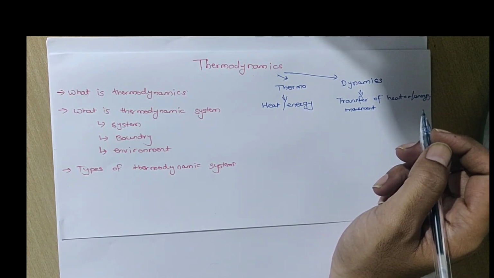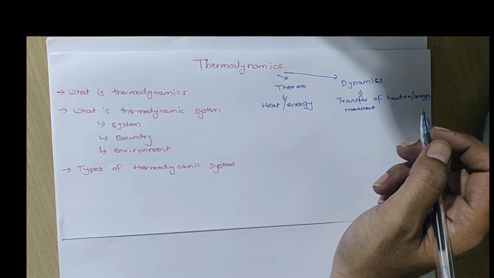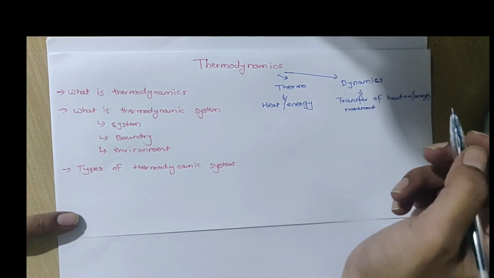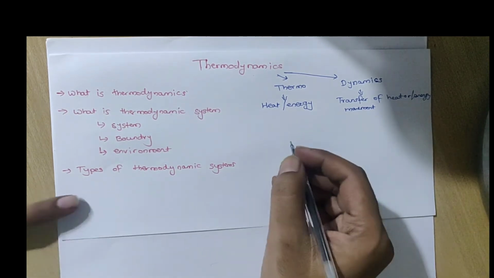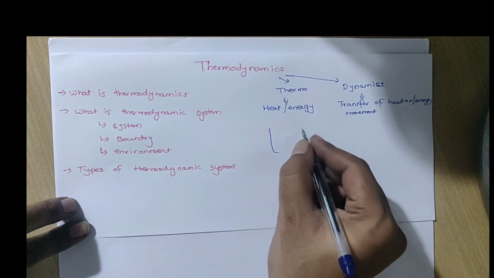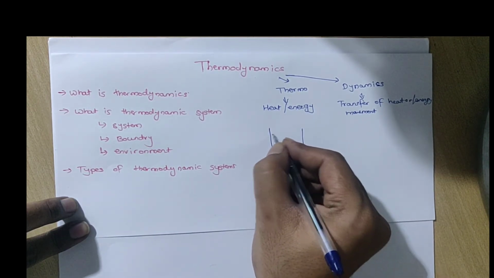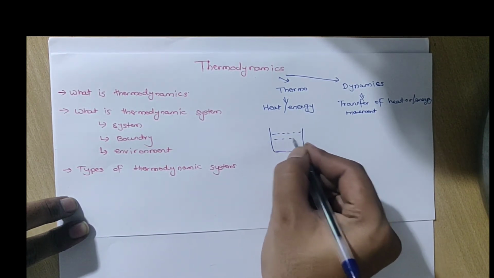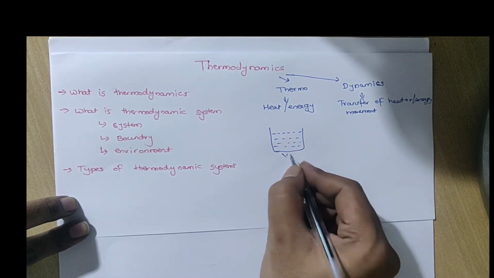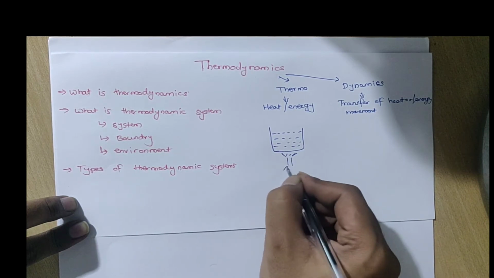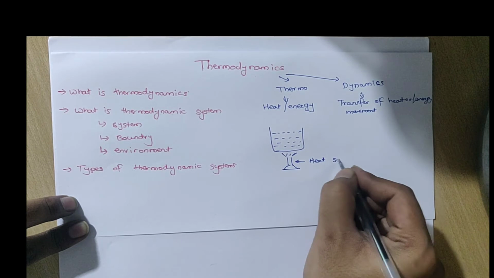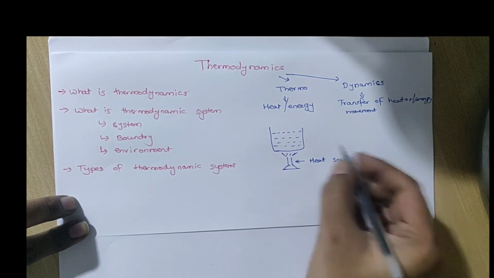Now what is thermodynamic system? So thermodynamic system includes anything whose thermodynamic properties are of our interest. Like suppose consider we are having a vessel that is filled with some liquid, say water, and we are boiling it using some heat source, say a burner. This is the heat source, any heat source.